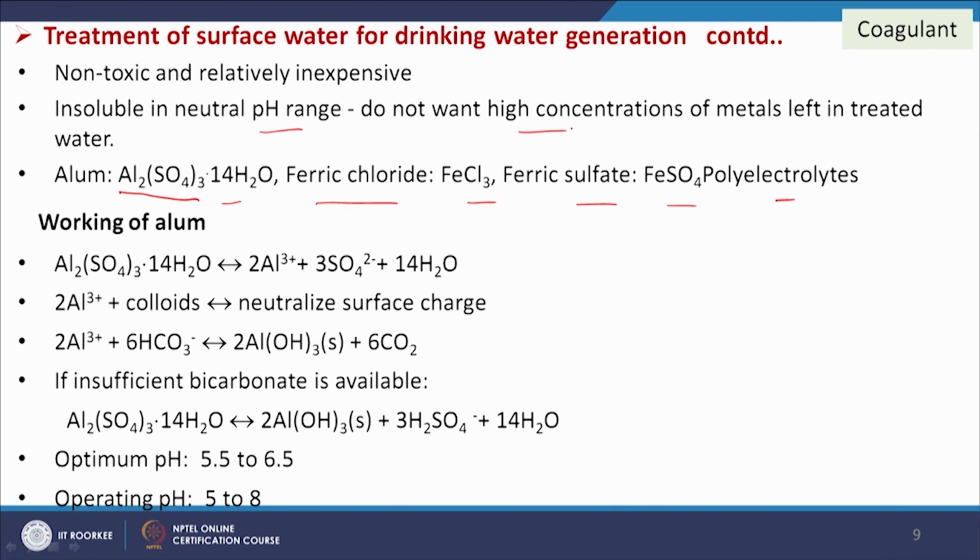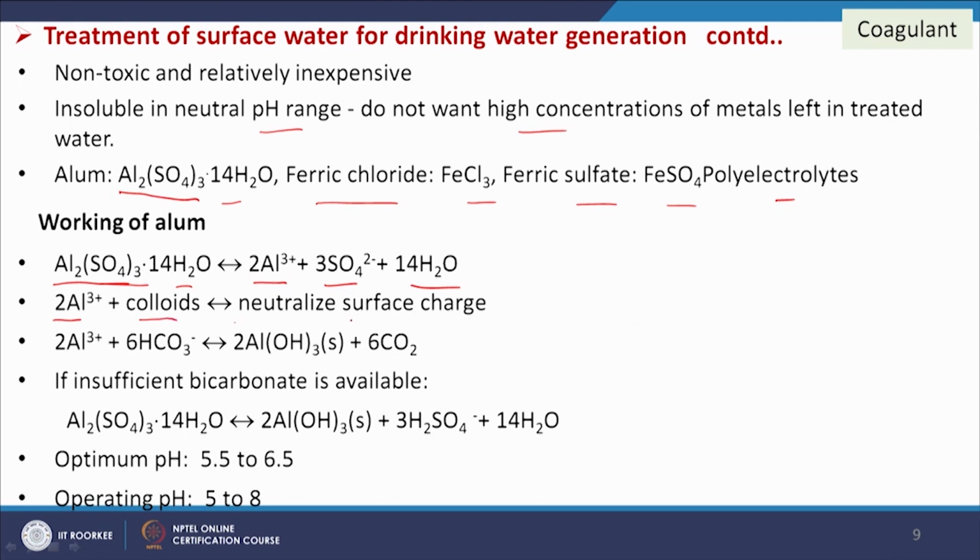We will see the working here. If we add aluminum sulphate, Al2(SO4)3·14H2O, that will give us Al3+ and SO4 2- plus 14H2O in the water, and then Al3+ will help to neutralize the charges of the colloidal particles.